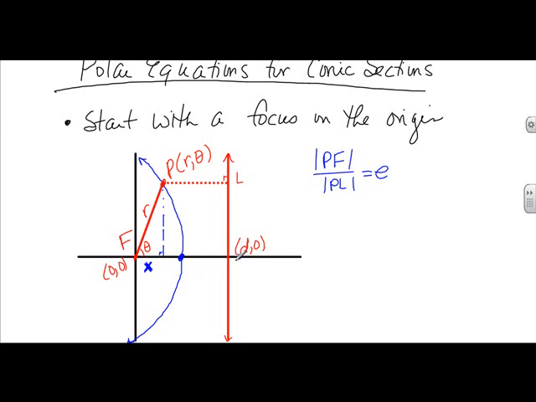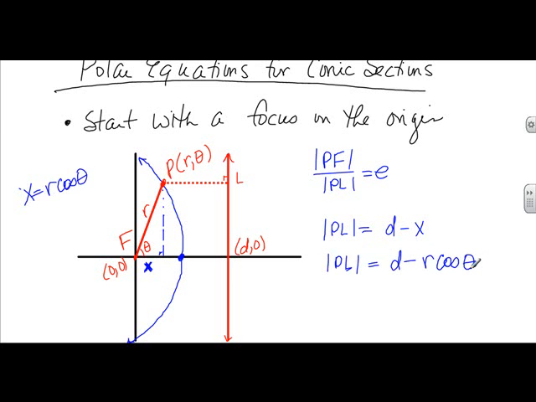So the absolute value of PL has to equal d minus x. The length d minus whatever x is. Now, but we're working in polar coordinates. Remember that in polar coordinates, x is equivalent to r times the cosine of theta. So the absolute value of the distance PL would have to be d minus r cosine theta.